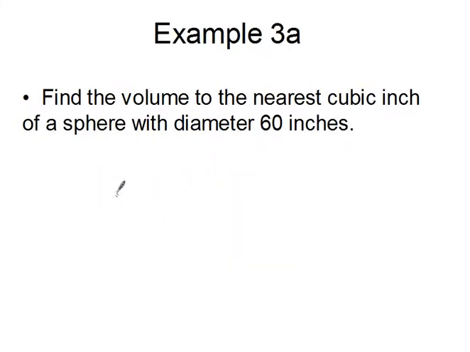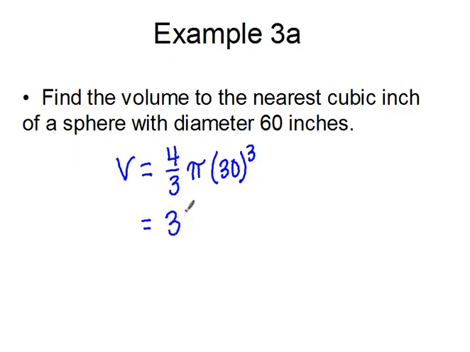Let's try another one. This one has a diameter of 60. So 4/3 times pi. If the diameter is 60, that means the radius is 30. So we'll do 30 cubed times 4 divided by 3. We get 36,000 pi.